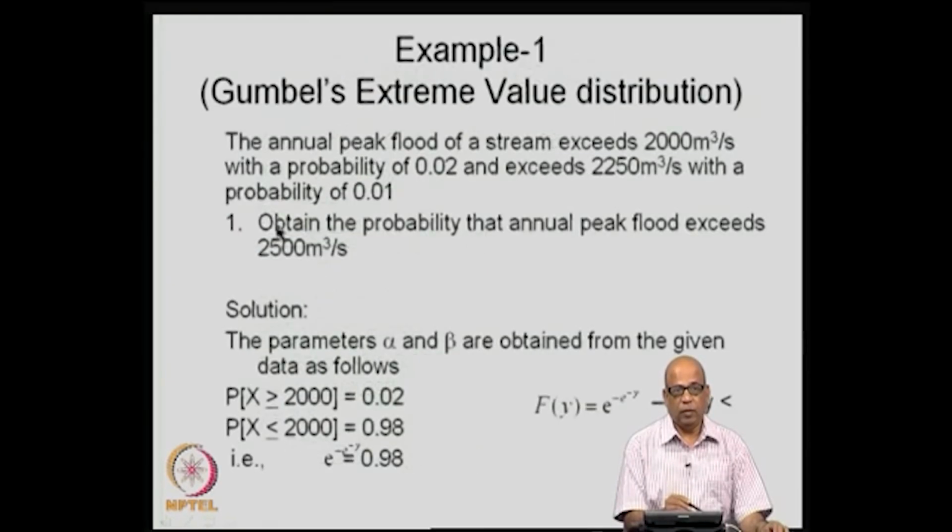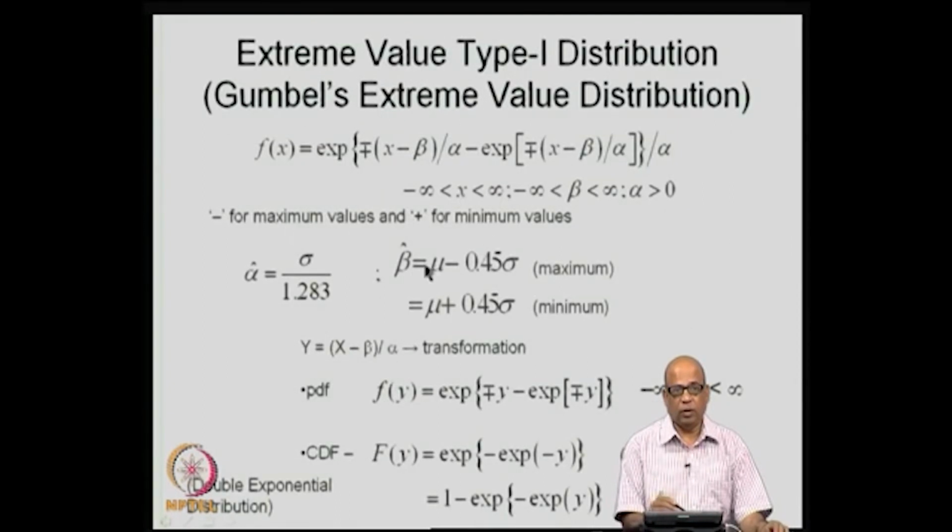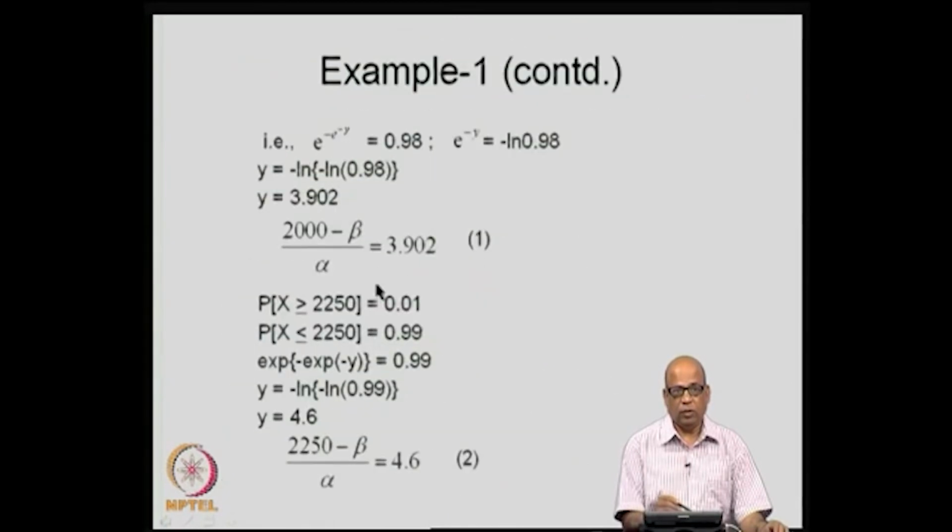What is y? You recall that y is a transformation, y is equal to x minus beta over alpha. So, this is the x value, which is 2000, the particular x value that we are talking about, minus beta over alpha, and that should be equal to y, which is 3.902. This is the first condition that we generate.